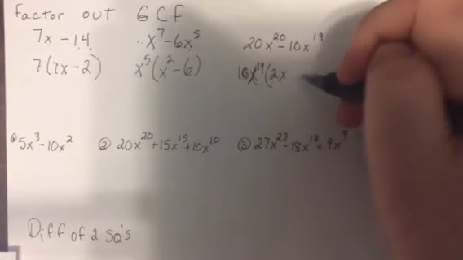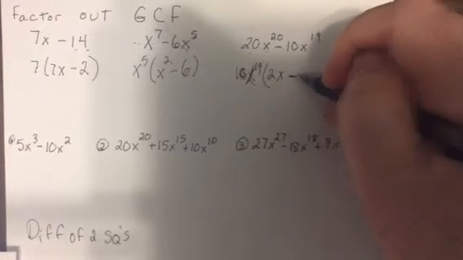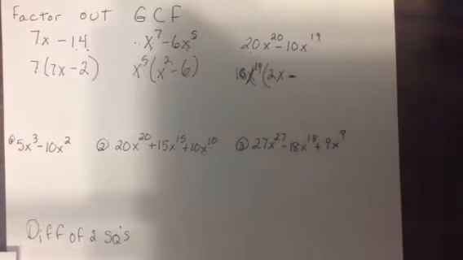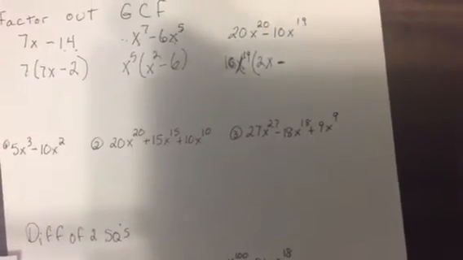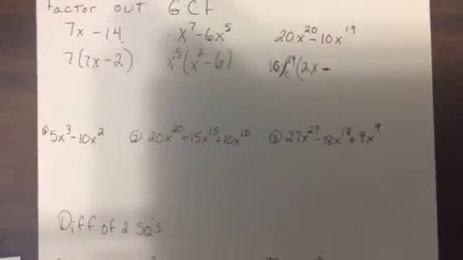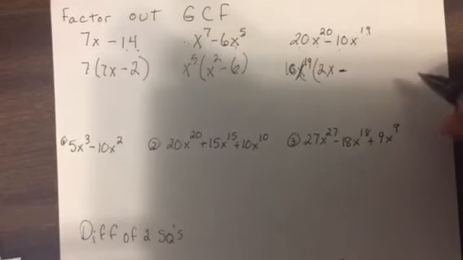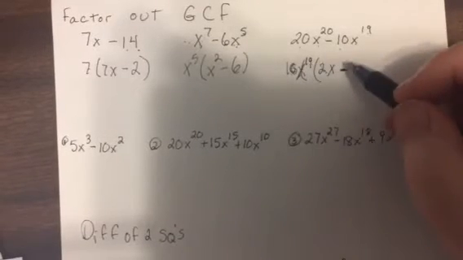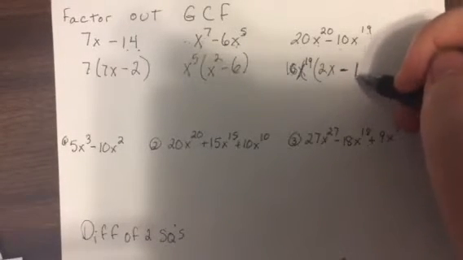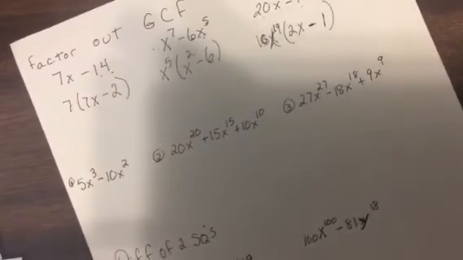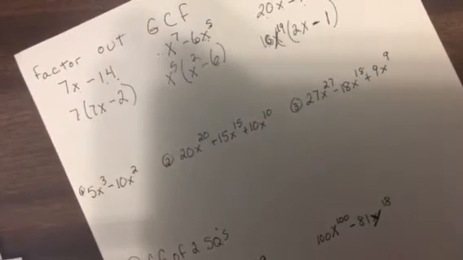And that'd be x minus 1. So 10x to the 19 times x minus 1. So, you do these three now.